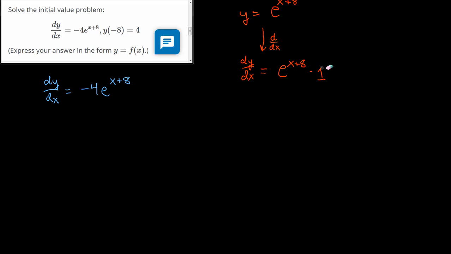But I didn't quite get what I wanted, because I was supposed to get a -4 out here. Oh, that's super easy to fix, because what if I just put a -4 here? That's a constant multiple, so the constant multiple rule says that when I find the derivative, it's still going to be there.